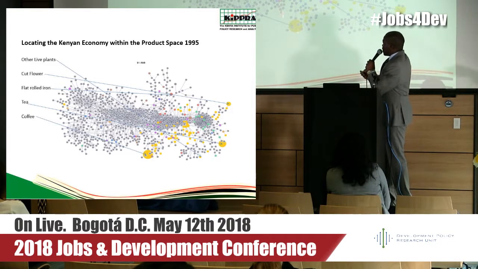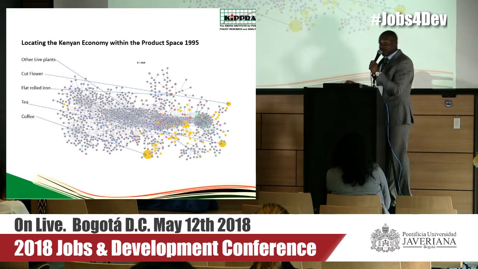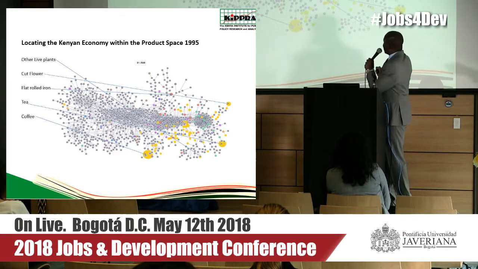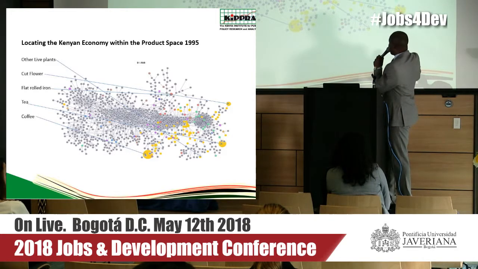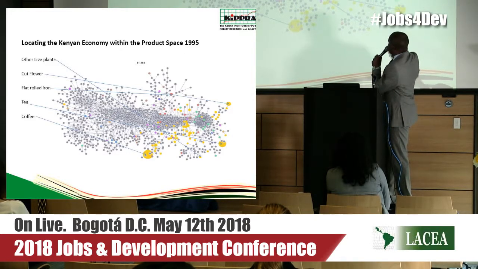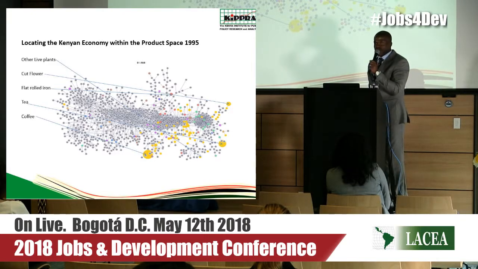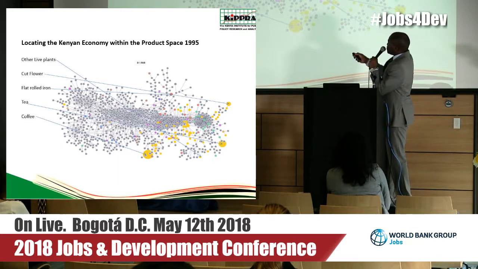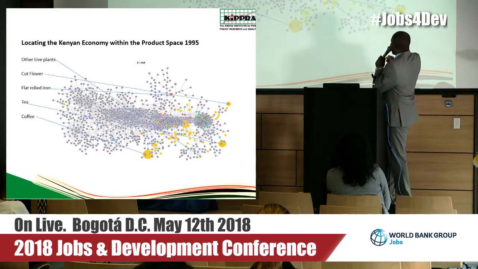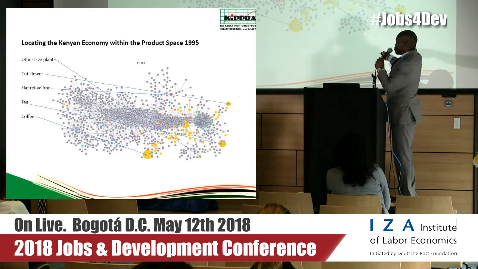You can see coffee. Coffee was a major product since independence. Same for tea. You can see that they are more in the periphery within the product space. You can see cut flowers, which are a major export commodity to the EU. We have other live plants, which can also be seen to be more towards the periphery.